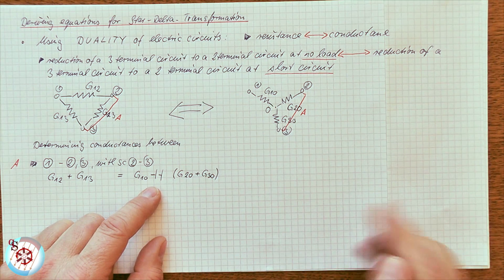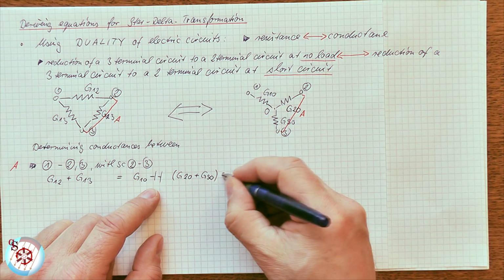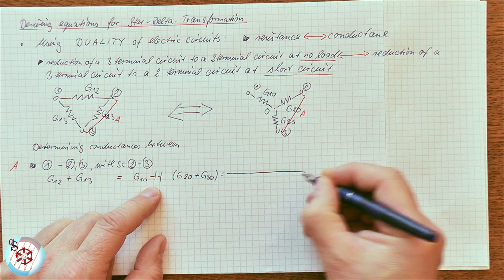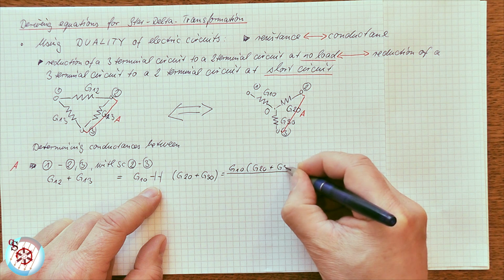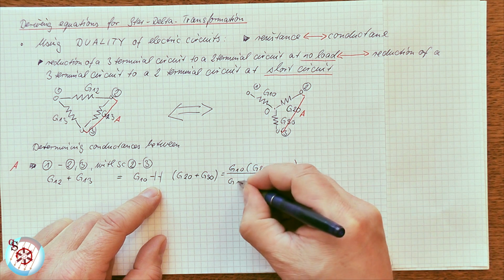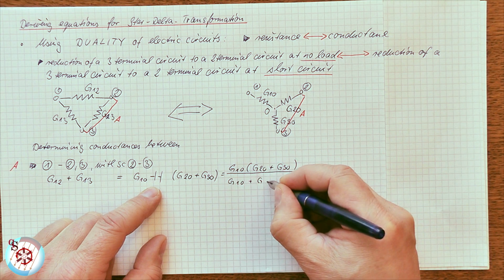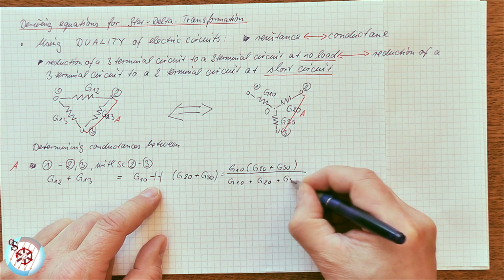But the calculation rule is not adding them up. So the next step is putting it into a fraction, and that's G10, G20 plus G30 divided by G10 plus G20 plus G30.